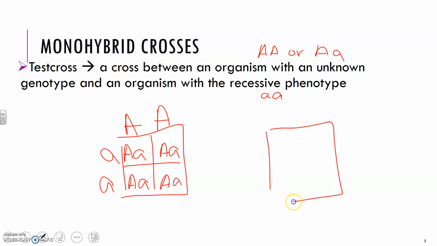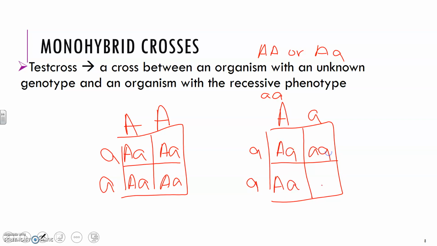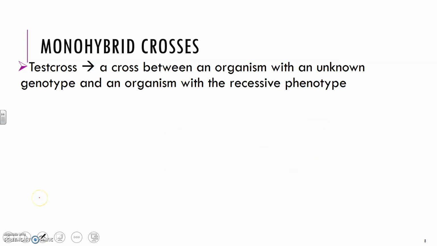Now, if the unknown genotype were heterozygous instead, you would end up with half and half. 50% of the offspring would be exhibiting the dominant phenotype here. The other half would be expressing the recessive phenotype. So that's what a test cross looks at.